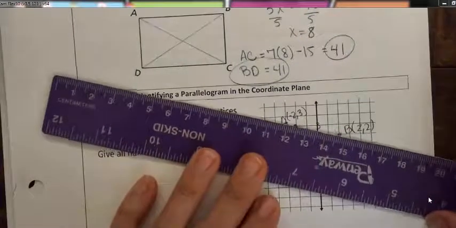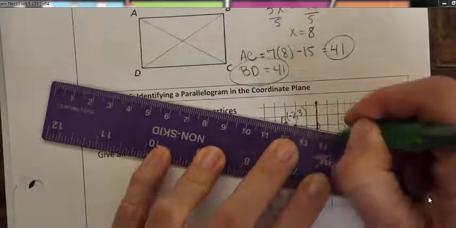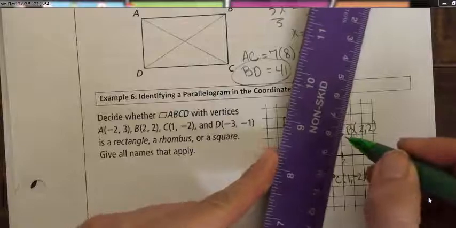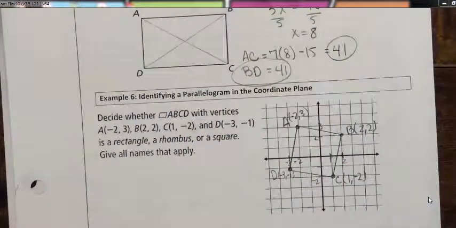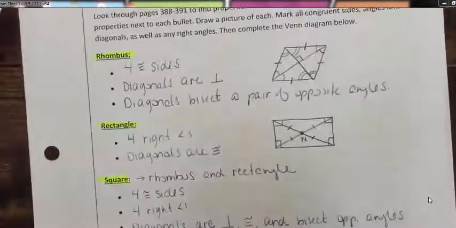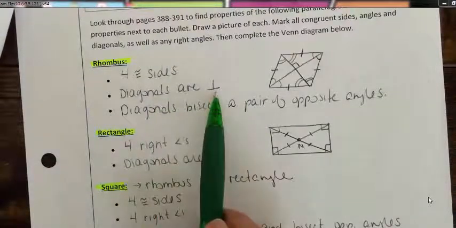So we know it's a parallelogram. We just need to figure out what kind of special parallelogram it is. And we're going to use the properties. So let's see what we got here. So 2 things. It would be a rhombus if, for example, the diagonals are perpendicular.